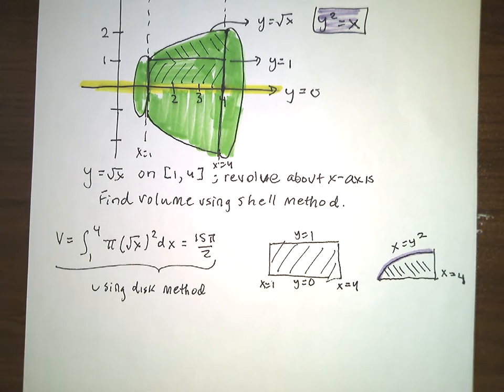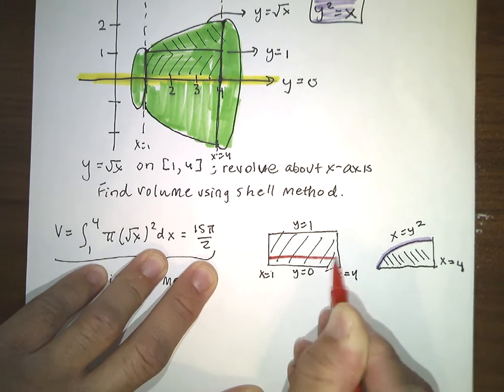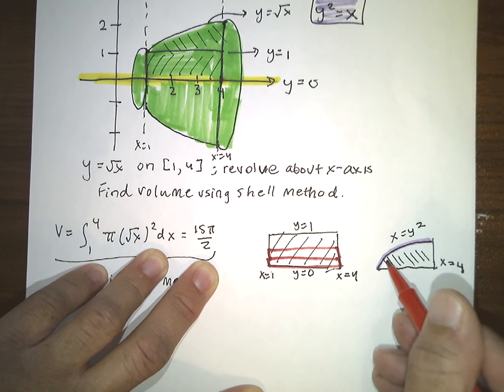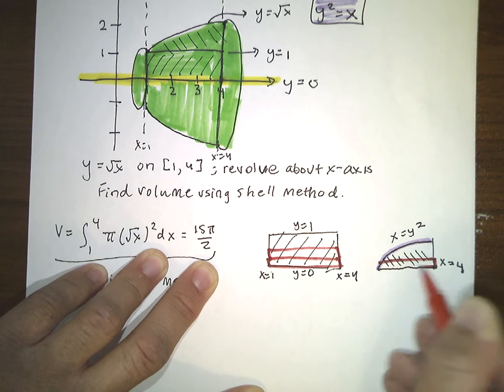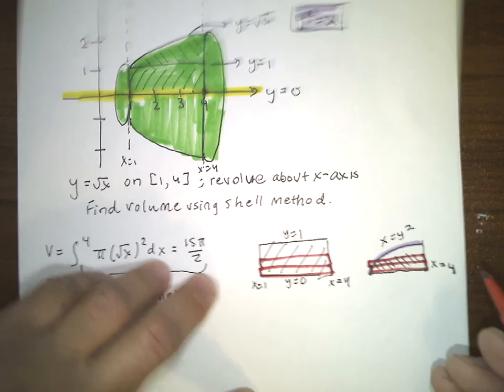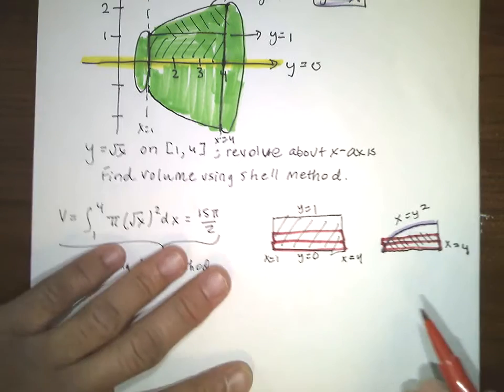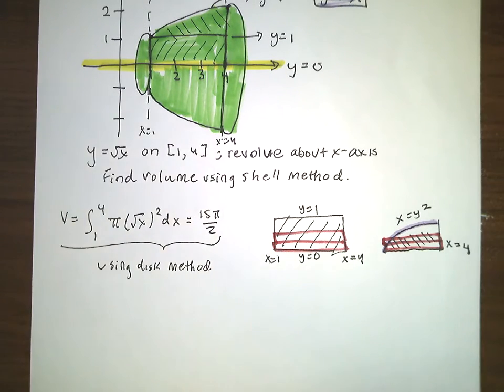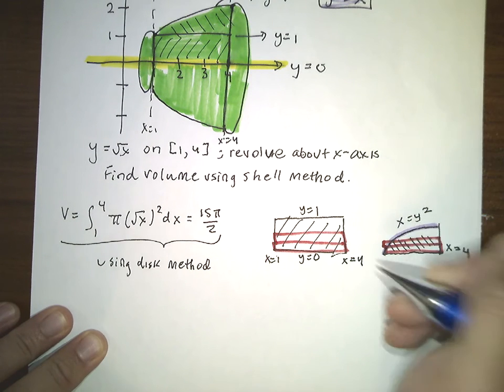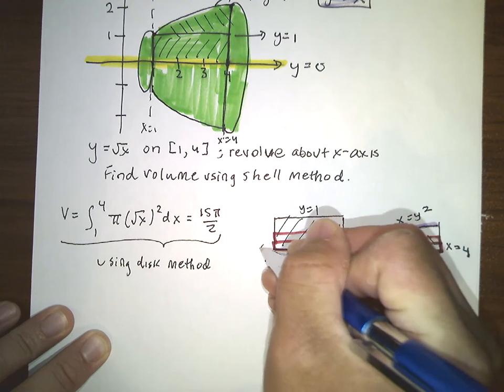If I draw some rectangles in here, and again these are just representative rectangles, these rectangles all have the width of a delta y.